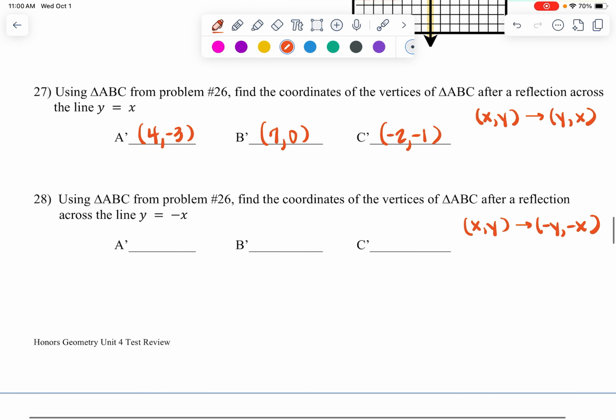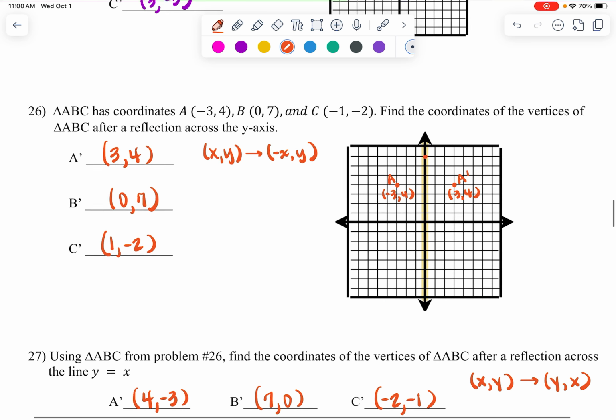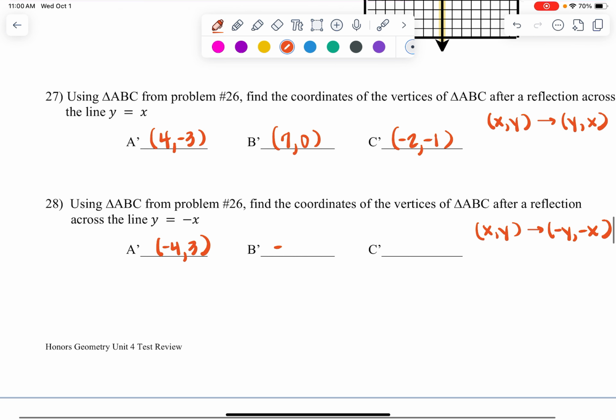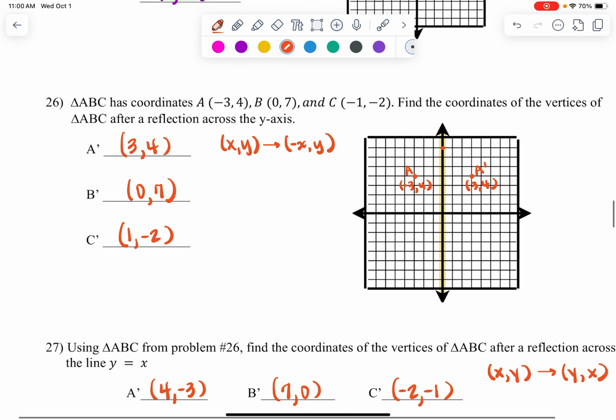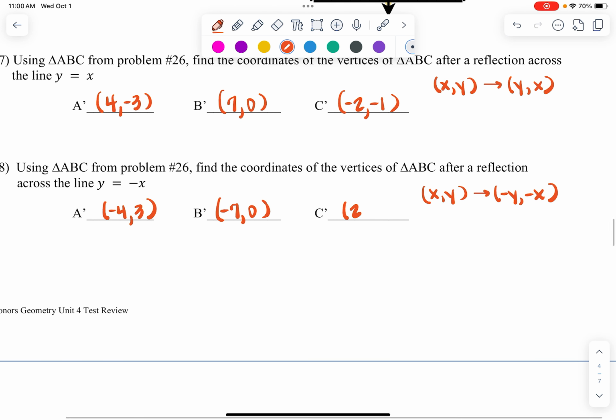So -4, 3, right? If we switch and negate everybody. And let's see, what was B again? 0, 7, so -7, 0. And then C was -1, -2, so it's going to become +2, +1. And you can always graph it to double check and make sure that that looks correct.